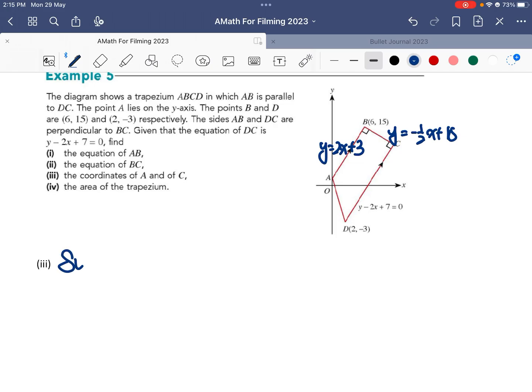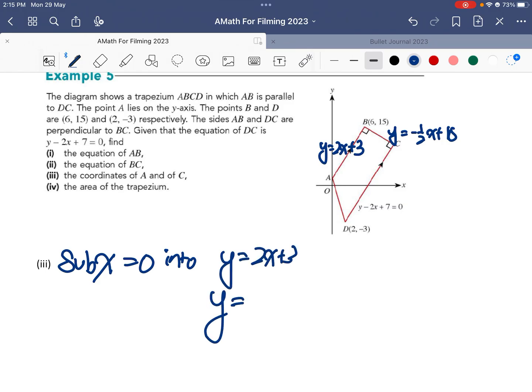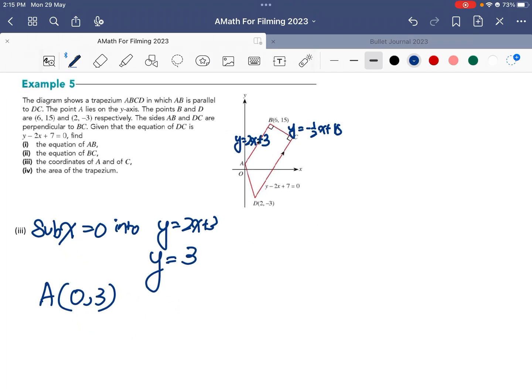I substitute into the equation itself, so I sub x equals 0 into y equals 2x plus 3. So y is equal to 3. Hence, A is (0, 3). Now, we need to find the coordinates of C. To find C, notice that the equation of BC is given by this, and the equation of CD is given by this equation as well.